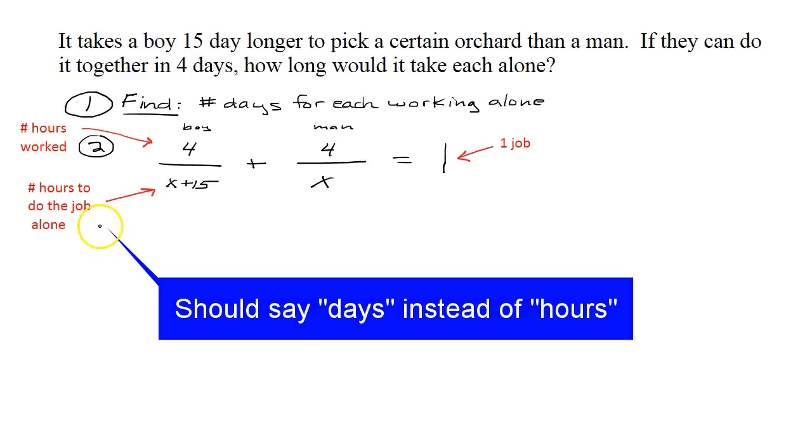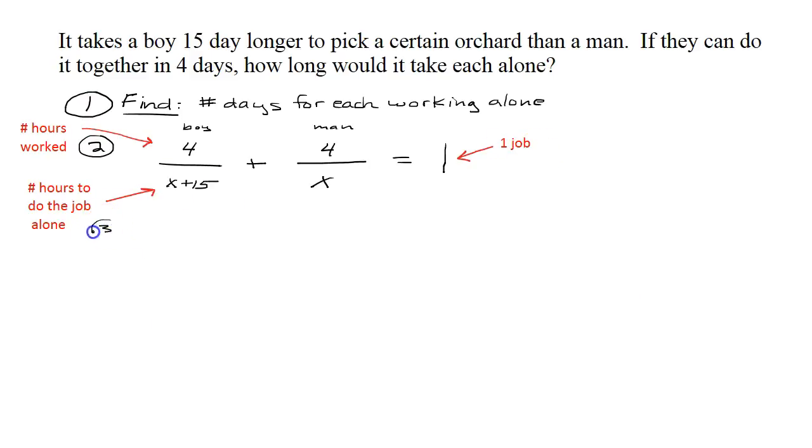So now this one's a little different than the last one because my denominators are not integers, they're actually polynomials. So for my LCM, remember that when we have LCMs for rational equations, both of these denominators must show up in the denominator. I must have an x as a standalone factor, and I must have an x plus 15 as a standalone factor.